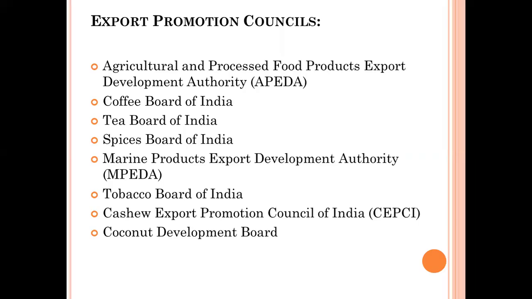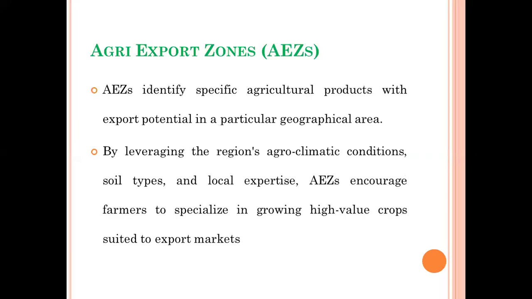If you are interested in exporting coconut or cashew or coffee, tea, or spices, you can visit their websites, that is the Tea Board, Coffee Board, and you will have details on how you can go for these export commodities.